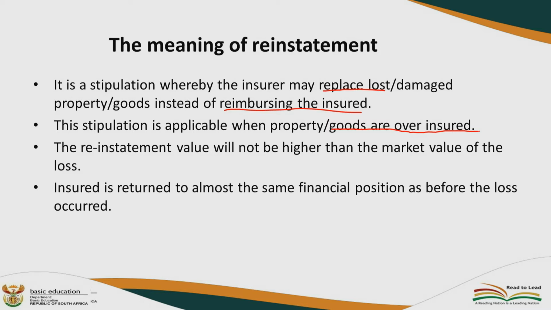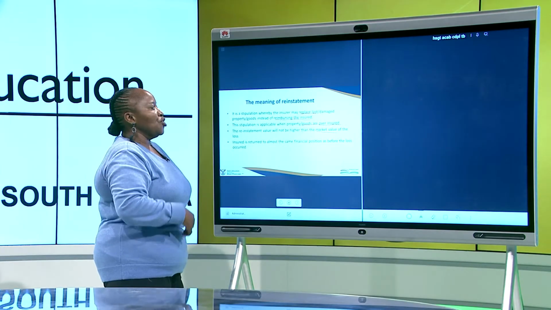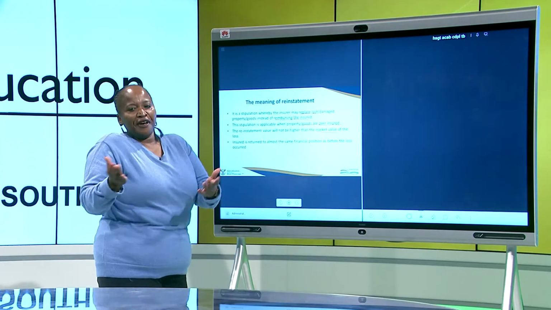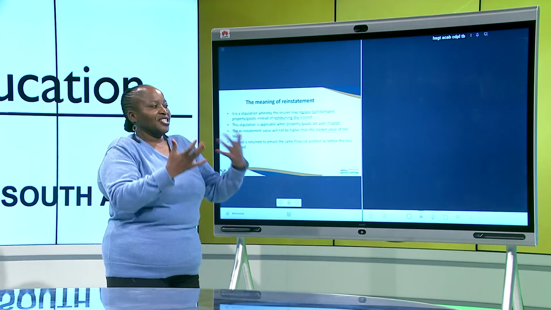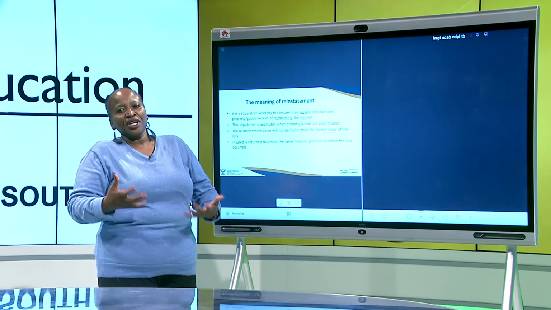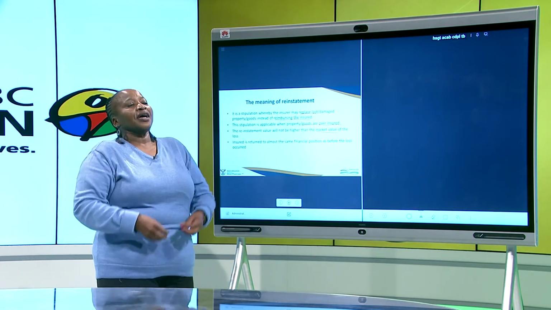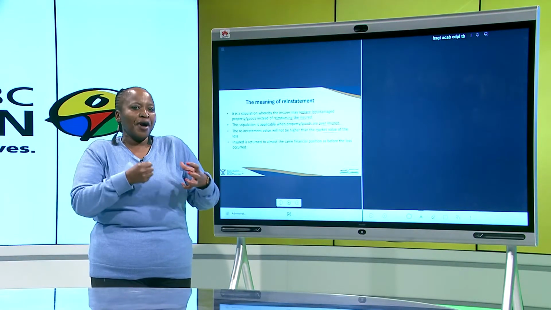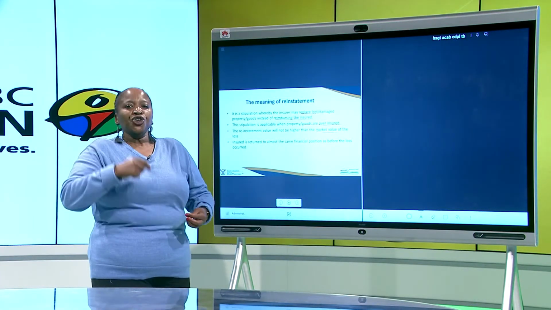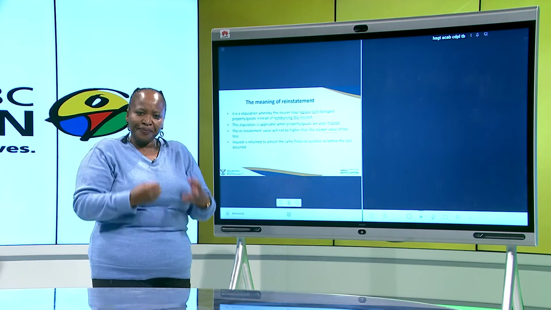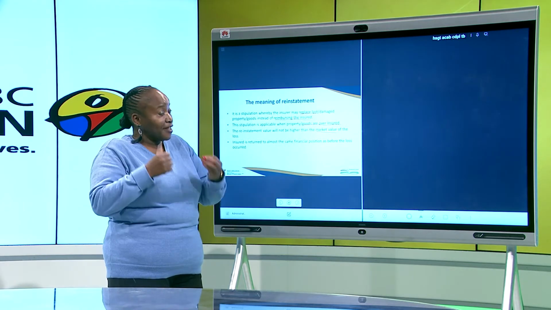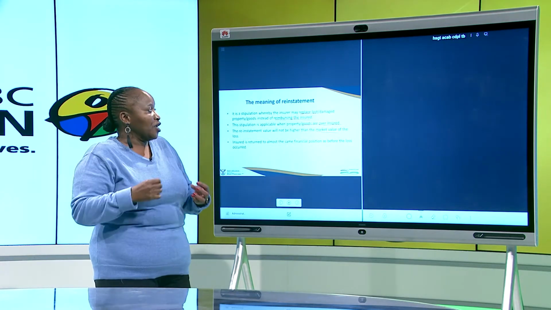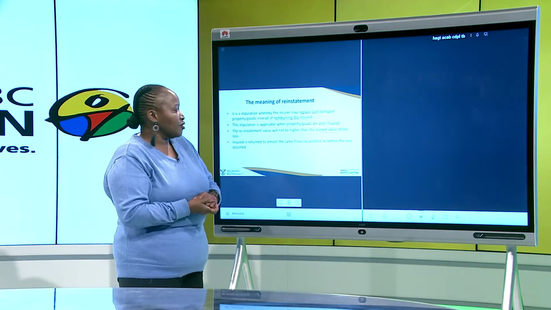The reinstatement value will not be higher than the market value. If the house was 500,000 and it catches fire and you insure it for 600,000, regardless of the amount of money you're paying in premium, you will receive the same. They will replace the property at the market value of 500,000 instead of 600,000.